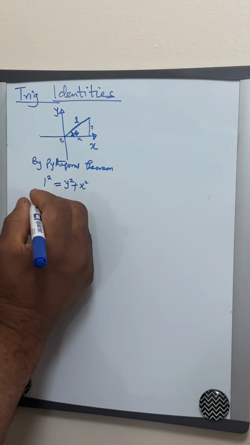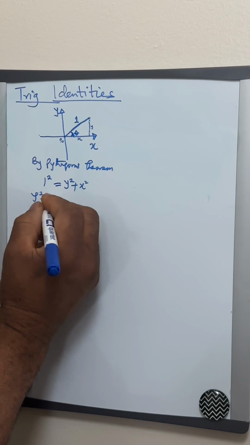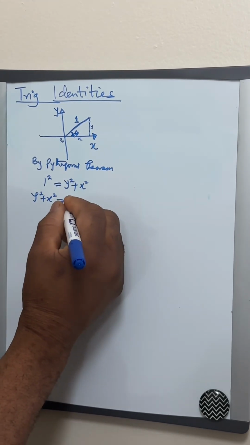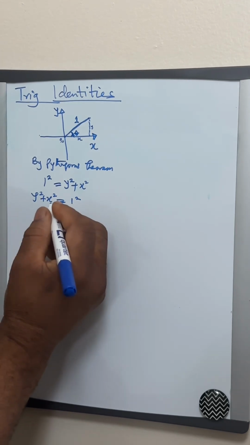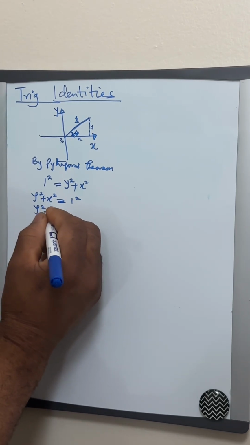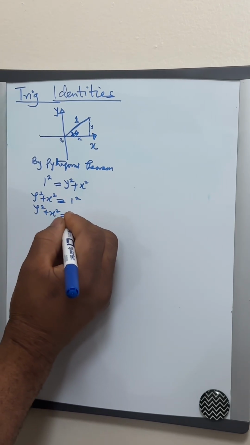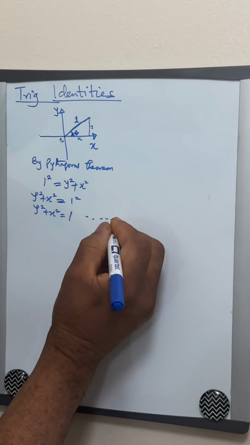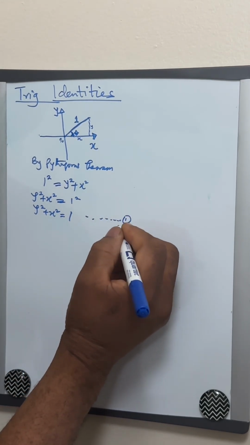By rearranging, y squared plus x squared is equal to 1 squared, which is 1. We can call this equation 1.